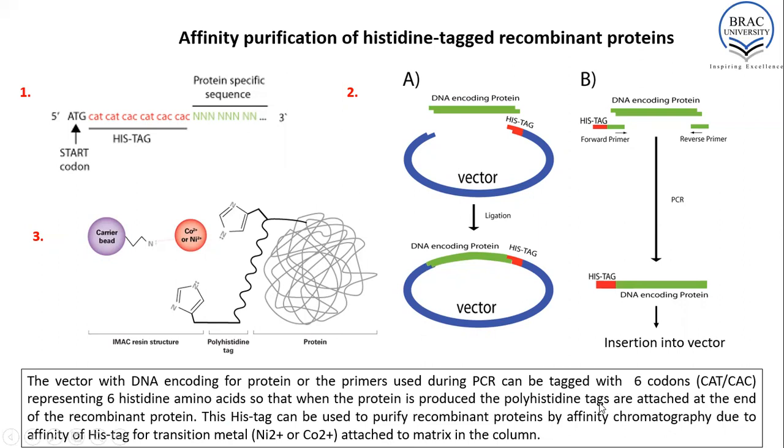It is similar to affinity chromatography, and the His tag has affinity for transition metals like nickel or cobalt attached to the matrix. So the nickel or cobalt is attached to the stationary phase. When the protein with the polyhistidine group passes through as a mobile phase to the stationary phase containing the nickel or cobalt, the nickel and cobalt bind with the histidine group and separate the protein.